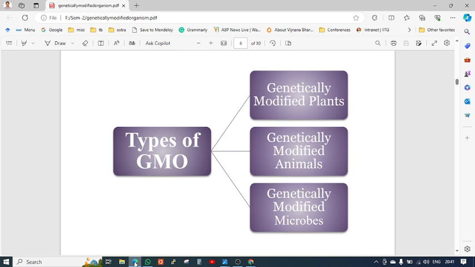These things are nowadays synthesized in the lab on a large scale with some advantages, keeping the good properties of these microbes. So these GMOs are common nowadays.